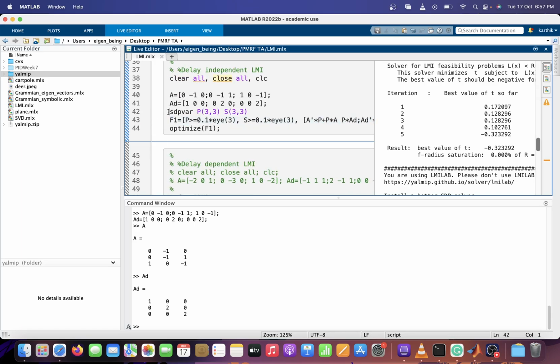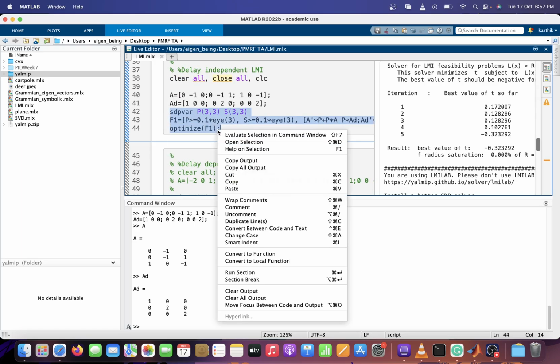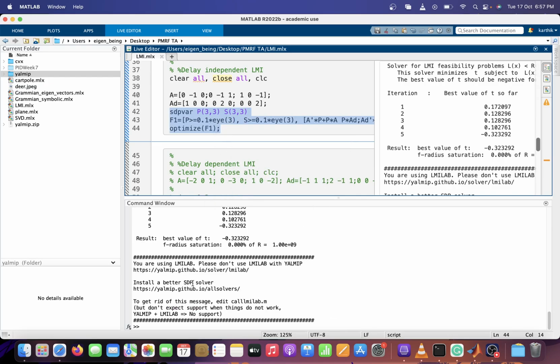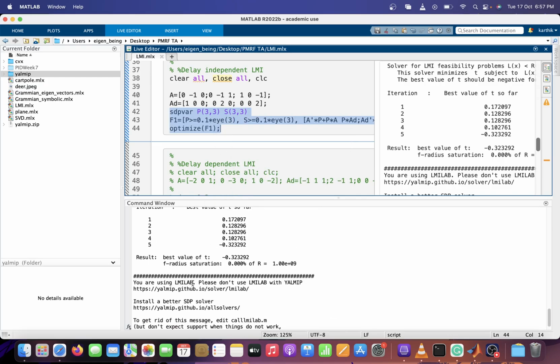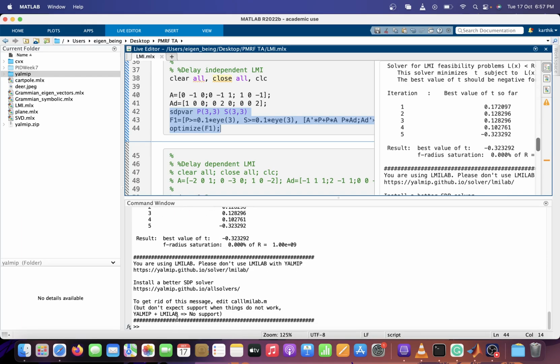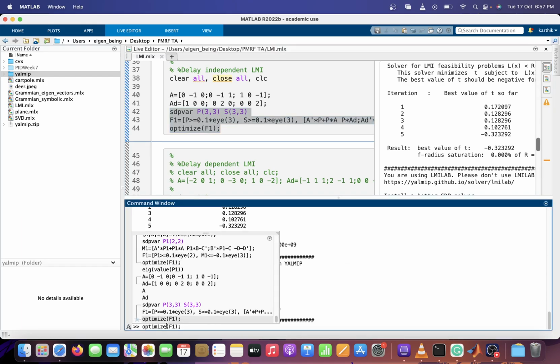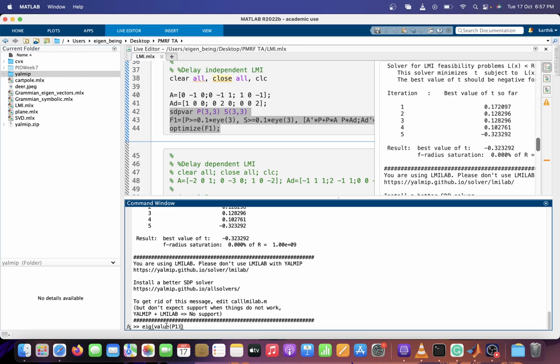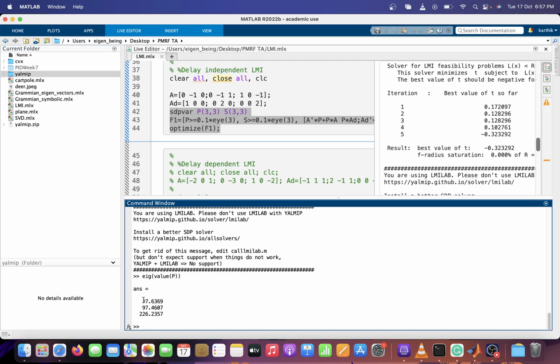Now if I run these three, it says it is feasible. If I check the eigenvalue of P, these are all positive, which means the system is stable independent of delay. So whatever delay you have, the system is always stable.